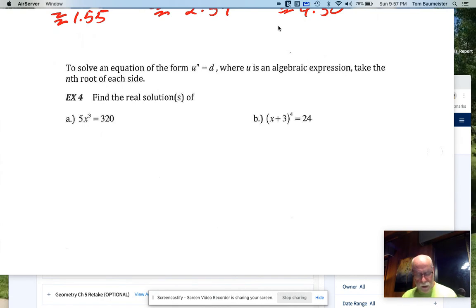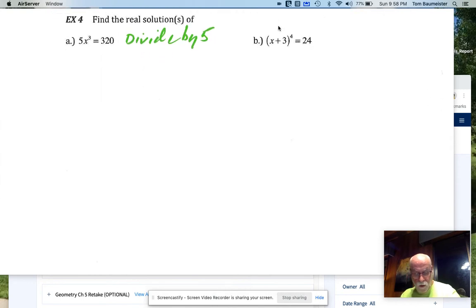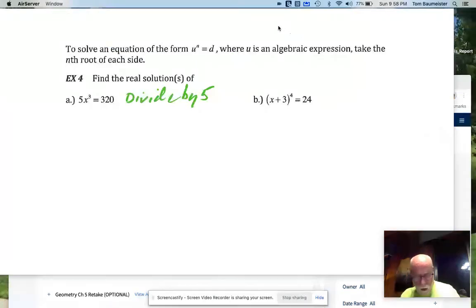So again, we're going to still do the same thing as we always do. When we're undoing, we have to do the division first. So we're going to divide by 5. So if I divide by 5, I'll get that x cubed is equal to 320 divided by 5 is 64. So we have, how do I undo a cube?